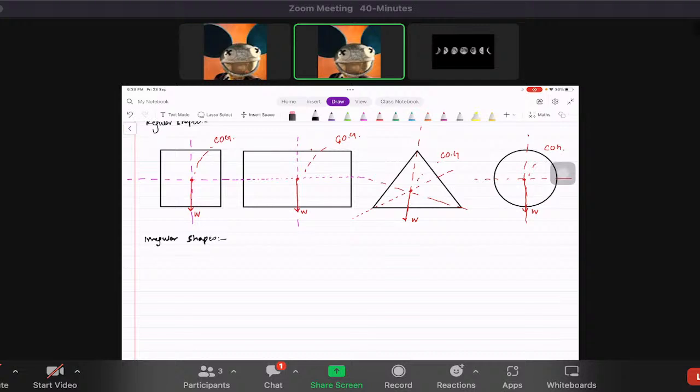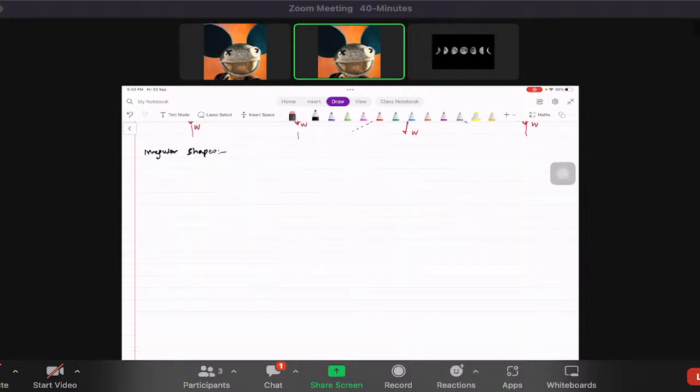We'll do it in unit 3. But you just need to know that usually we put that shape onto a stand or something. Okay, like that.